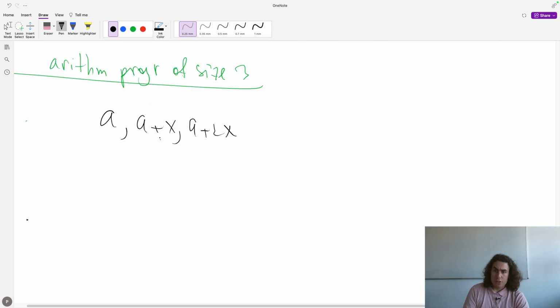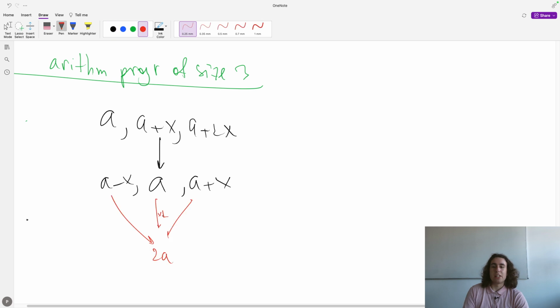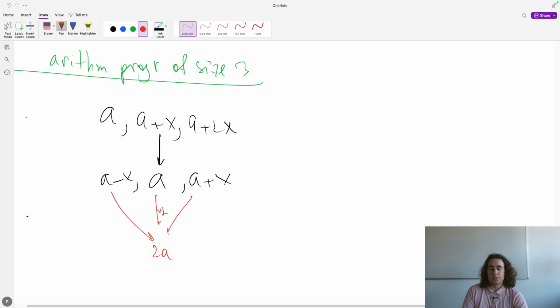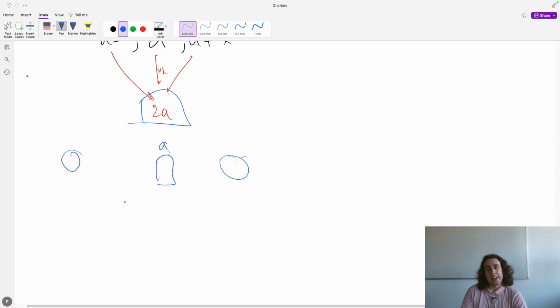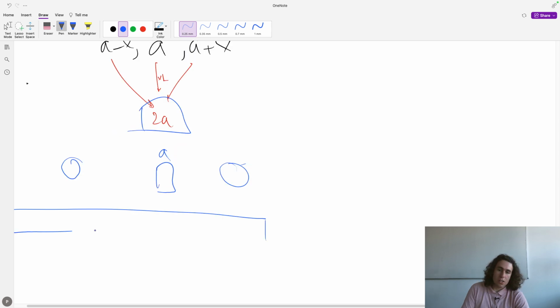I'm going to change my representation. Instead of thinking about it like this, I'm going to think of it as A minus X, A, and A plus X. Then these outer values add up to twice the middle value. So for every middle value, I just want to calculate the number of pairs of elements that add up to 2A. This can be done just using a convolution, right?